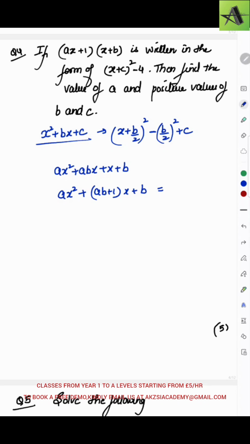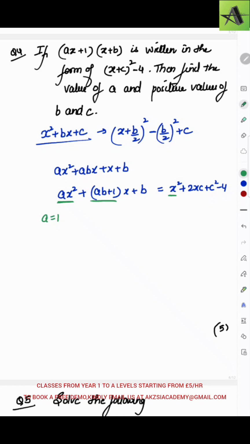We have expanded this side. Let me expand this one as well: x squared plus 2xc plus c squared minus 4. We can also convert this into vertex form and get the answer, but I think this is easier. Now I can compare the terms of x squared with x squared, terms of x with x, and the constant terms with constants. From the terms of x squared, I'll get a as 1 clearly.